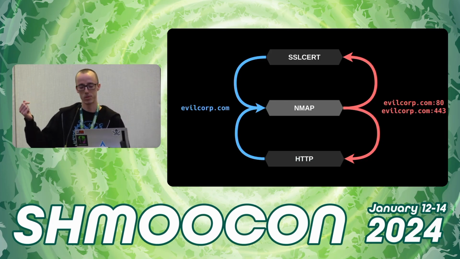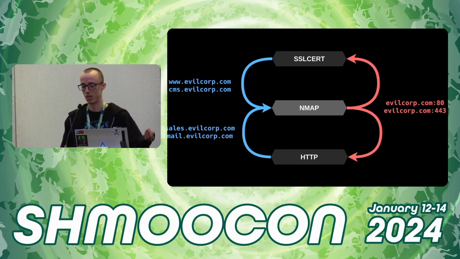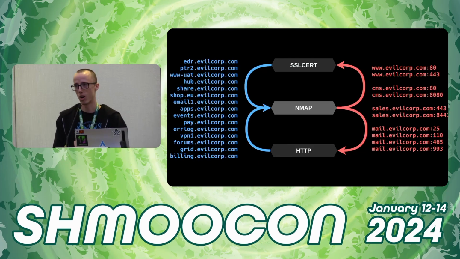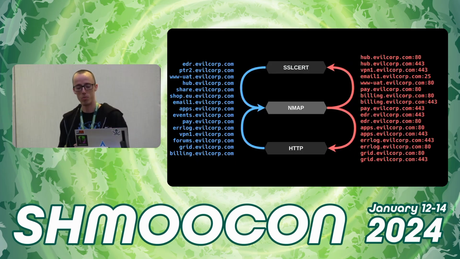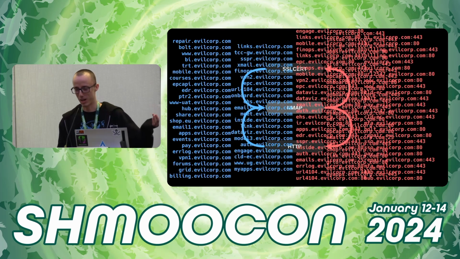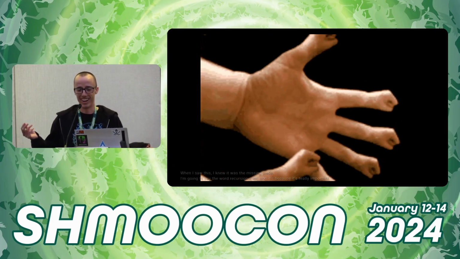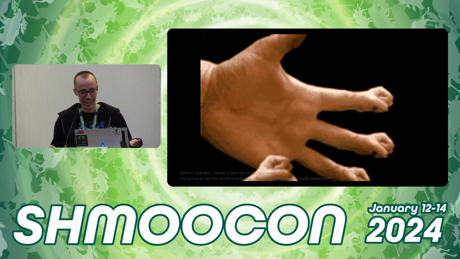HTTP will visit the website, find links, and find more host names. So we end up with more host names, which go into Nmap, which become open ports, which again go into these other modules, which become more host names, which become more open ports, and so on and so on infinitely, right? Okay, so this is recursion.